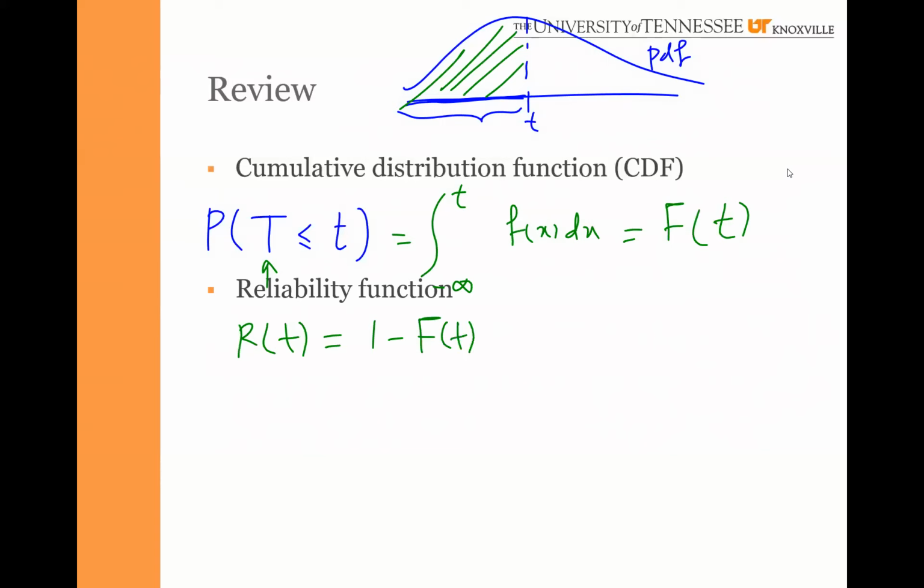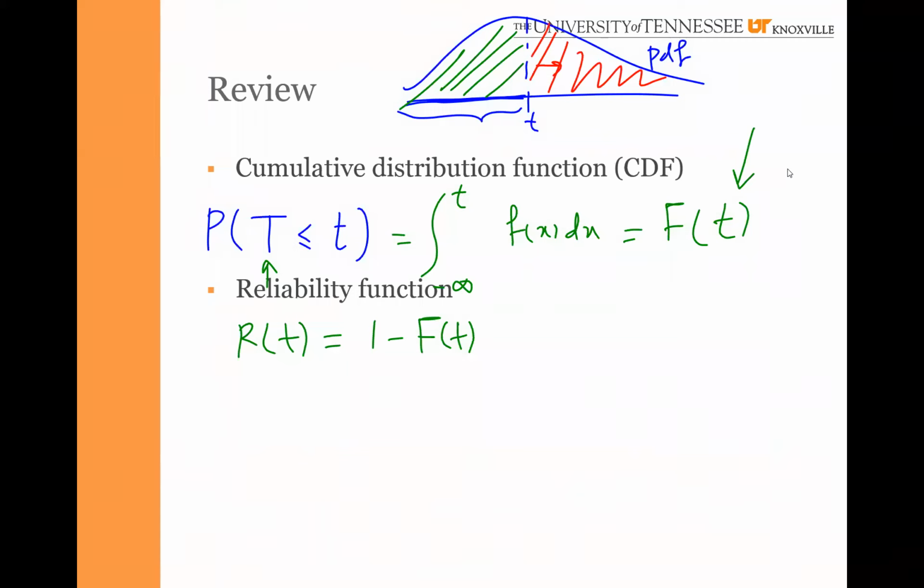It's the complement of F of t, because in essence, this is capturing unreliability up to t, the probability that my random variable happens up to t. With reliability, I'm interested in the likelihood that it will last longer than t, so I'm interested in the right-hand side.